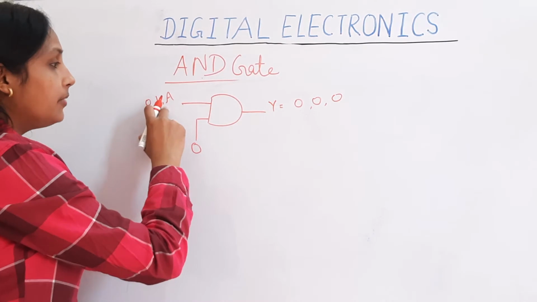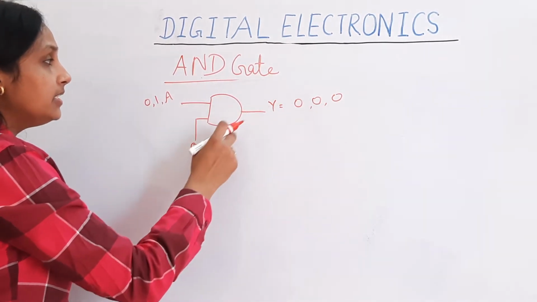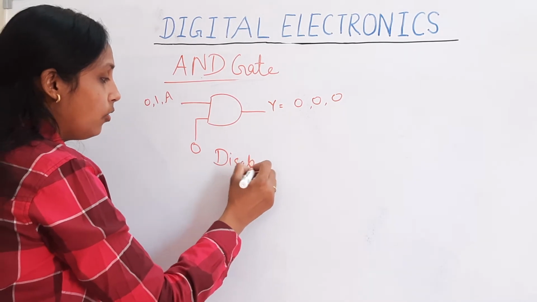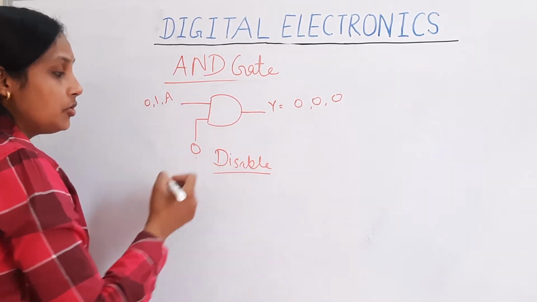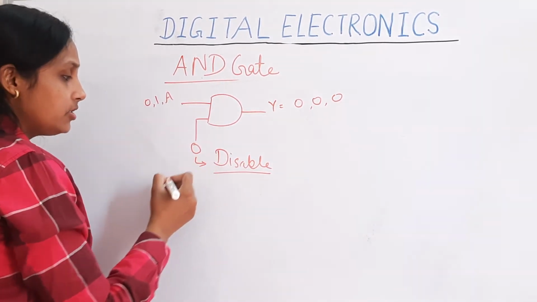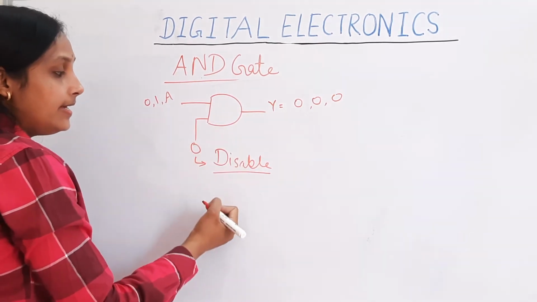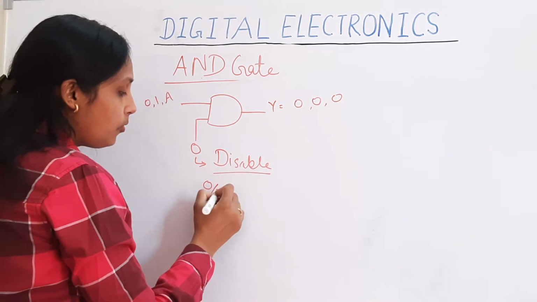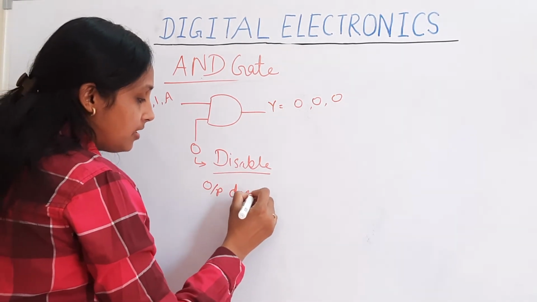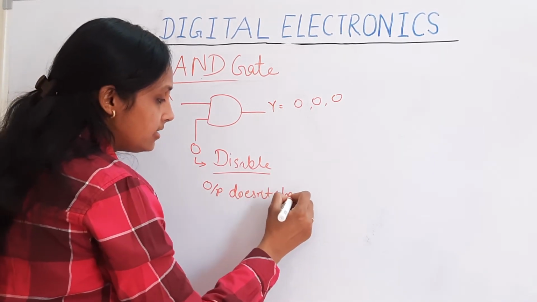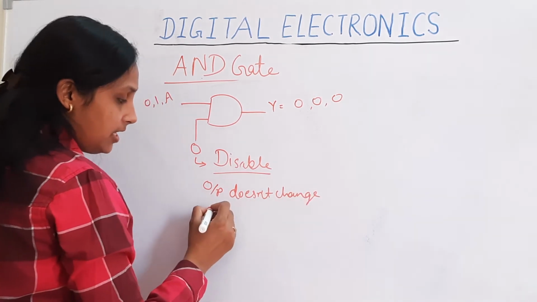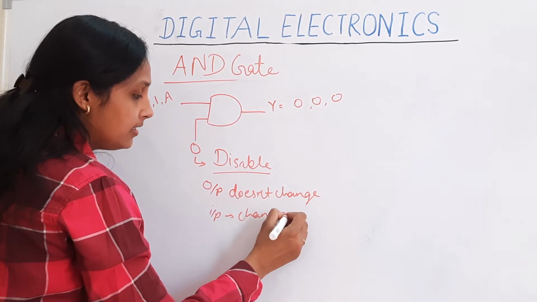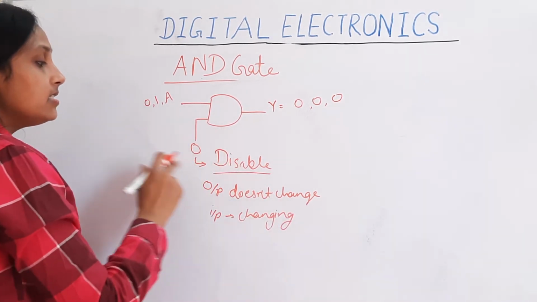You are changing the inputs but the output doesn't change, which means it behaves as disabled. So this logic 0 makes the AND gate disabled, because the output doesn't change when we change the inputs.